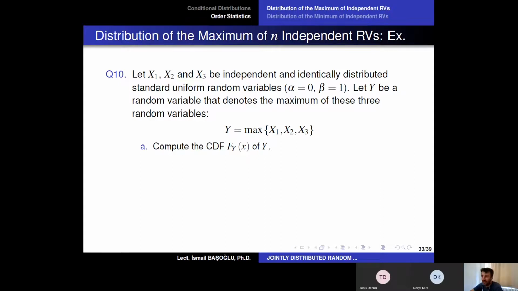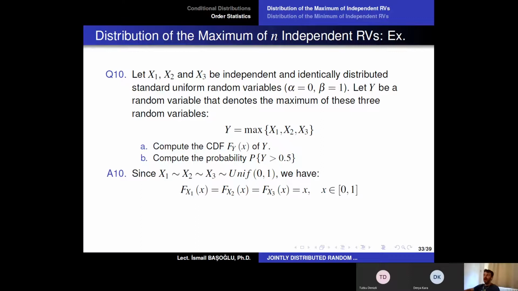I know that the CDF of y is equal to the product of the CDFs of all these three random variables, because they are independent and y is the maximum of them. Then it says to compute the probability of y being greater than 0.5. I have computed the CDF, and now I want to compute a probability related to it. In fact, I can calculate it by using the CDF: I can subtract the CDF at 0.5 from 1.